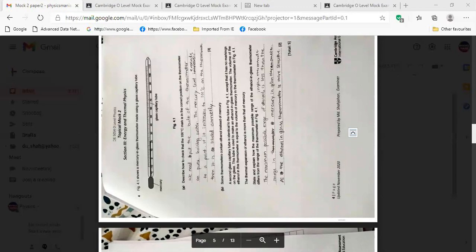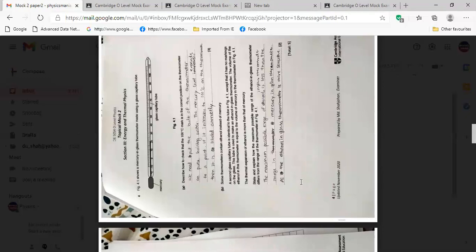Then next we have: state and explain how the maximum possible range of the ethanol in glass thermometer differs from the range of the thermometer in the figure. Thermal expansion of ethanol is more than that of mercury.